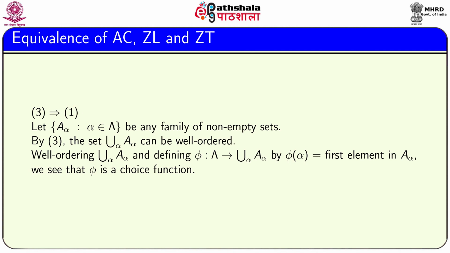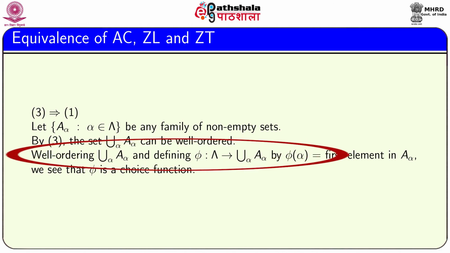For 3 implies 1, that means Zermelo's theorem will imply the axiom of choice. To prove this, we start with a collection A alpha of non-empty sets. By 3, the set union A alpha can be well ordered.